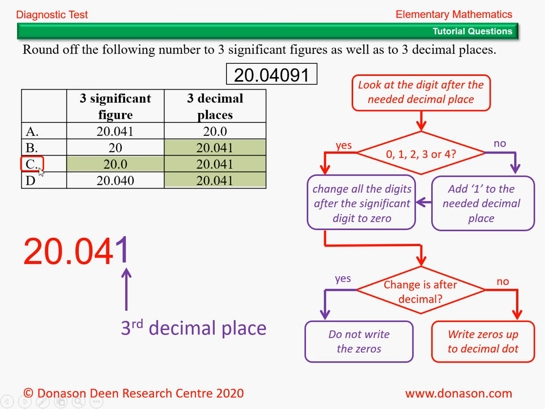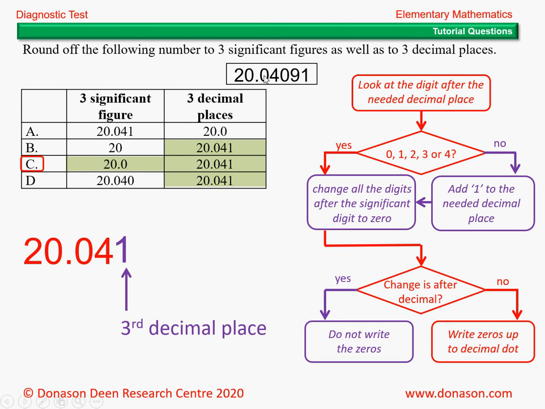So the option that gives you both correctly is: to 3 significant figures it is 20.0 and to 3 decimal places it is 20.041, because with the 9 we have to carry 1 to the third decimal place. For 3 significant figures, the first significant figure starts here, 2, then the second and the third significant. When we look at the next number, it's a 4, so we don't carry forward. So it's just 20.0.